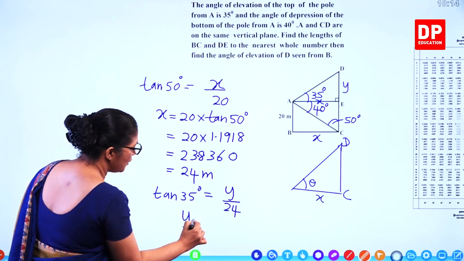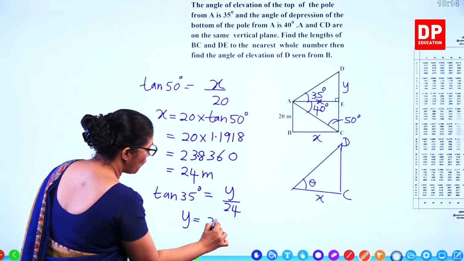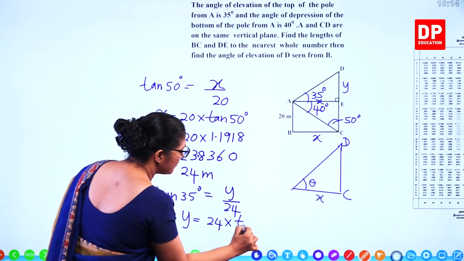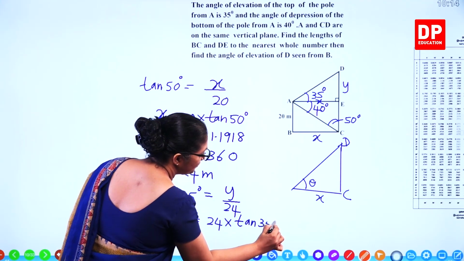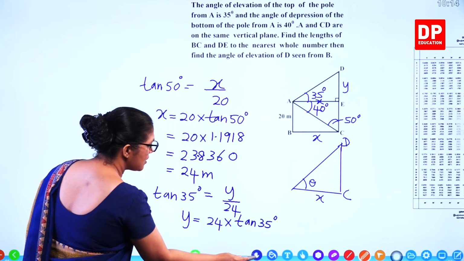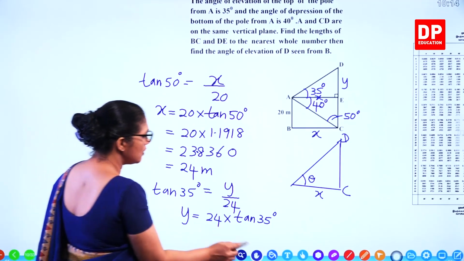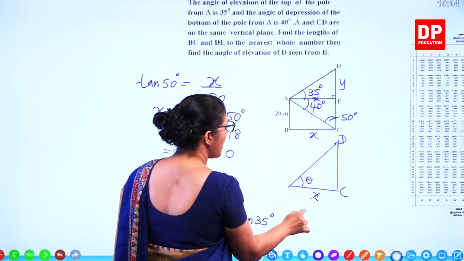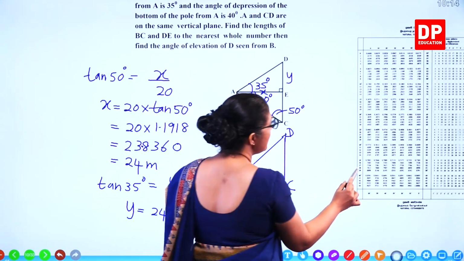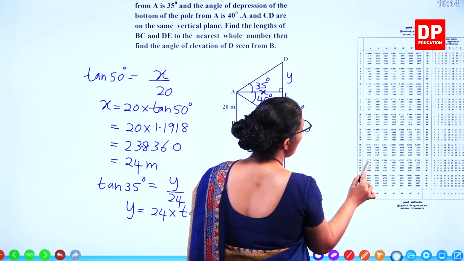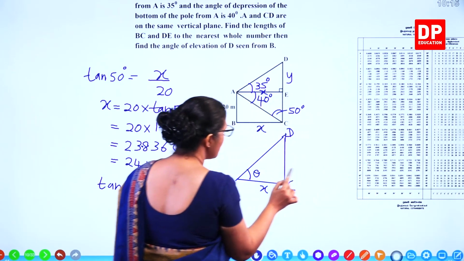So Y is 24 times tan 35. Again, refer to the table. Tan 35 is 0.7002.